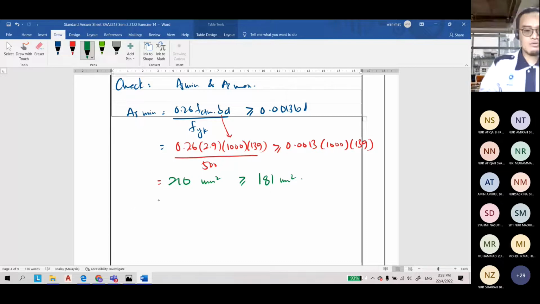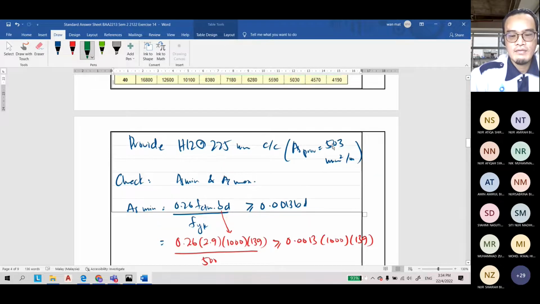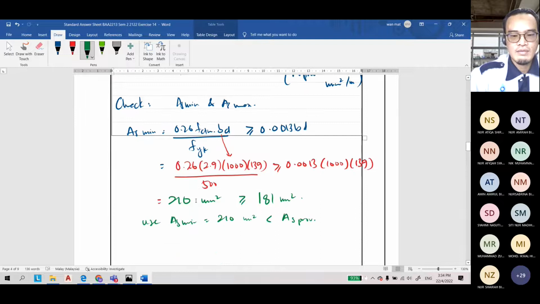Okay, thank you. So you use As minimum equal to 210 mm square. This one is the As provided earlier. As provided 503 is greater than As minimum, so it's okay.